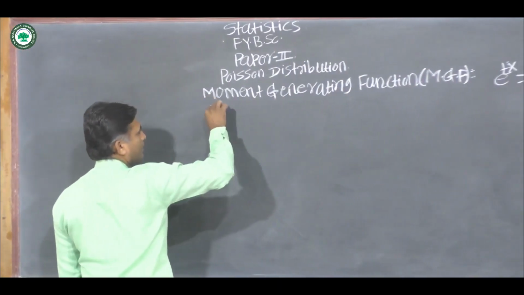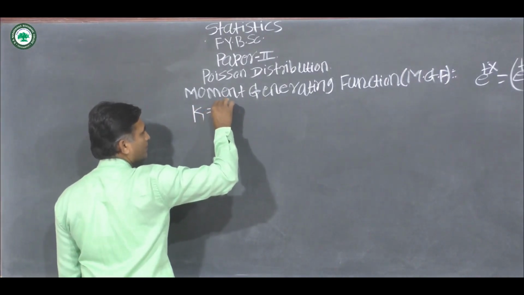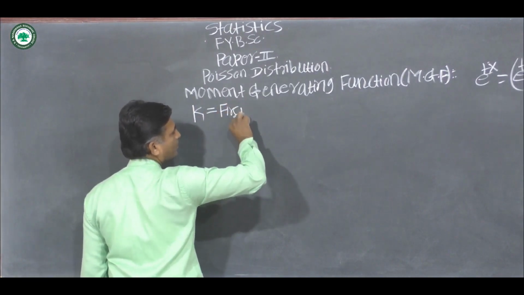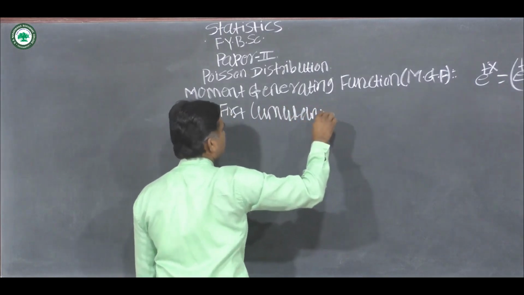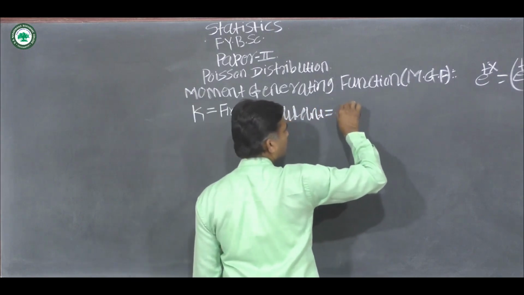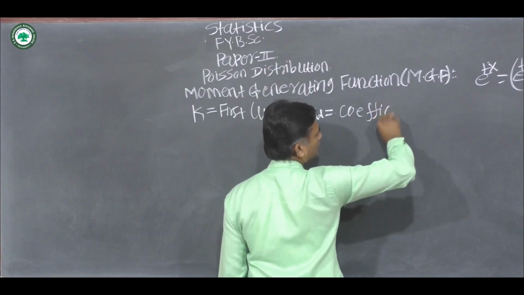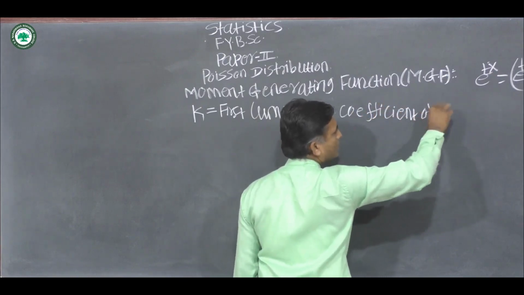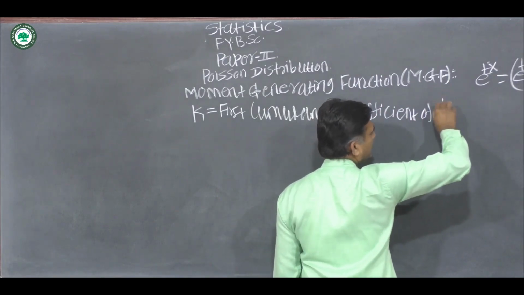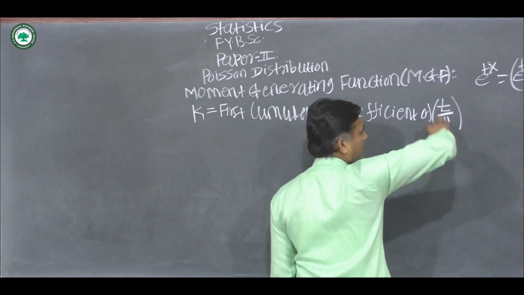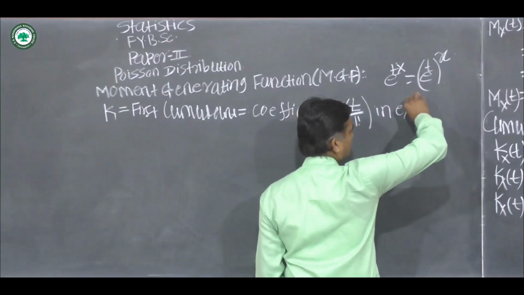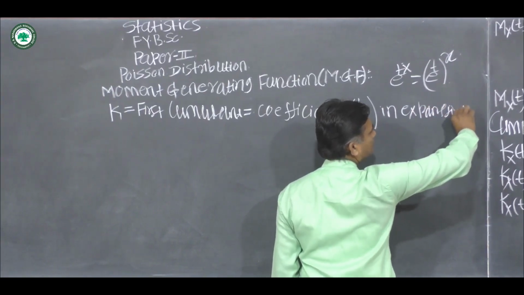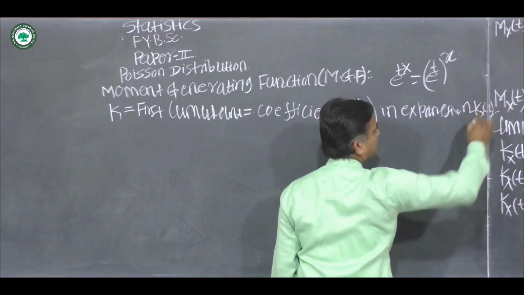K1, the first cumulant, is equal to the coefficient of t upon 1 factorial in the expansion of Kx(t).